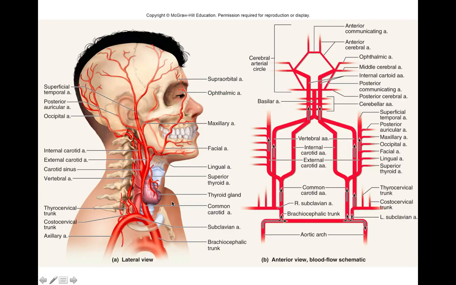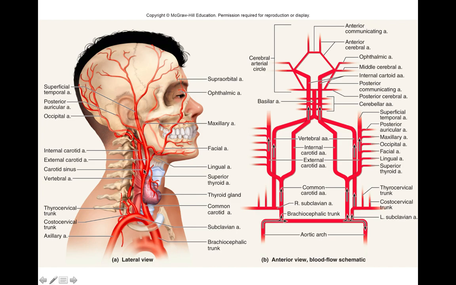In this view, I want to show you how to help tell the difference between your internal and external carotid arteries, because students get these mixed up all the time. So starting from way down here, here's your brachiocephalic trunk coming off the aorta, and then you see that subclavian branch here. Here is your right common carotid artery. And as you come up here, you can see there's a fork in the road.